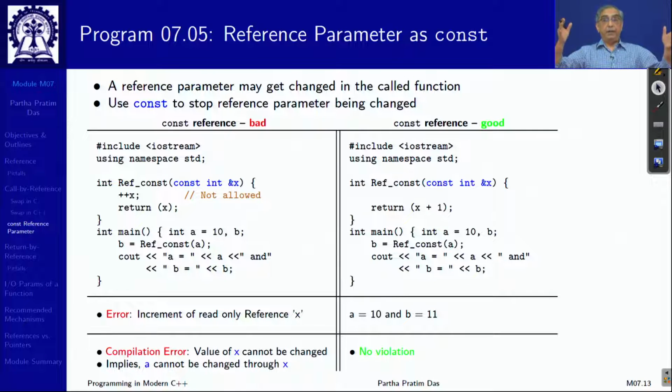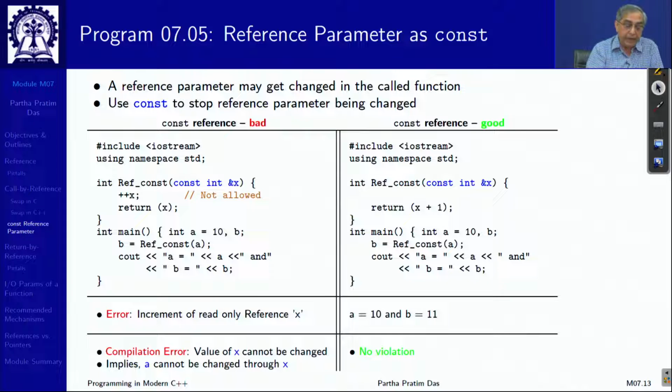If my parameter is big, if that is a huge object, then copying it is a huge overhead, and I do not need that. I just need that value to compute in the function. So, I would like to pass it as a reference where no copy will be required, but the side effect, or the possible danger of that, is if the function happens to change that parameter, then the actual parameter will also get changed.